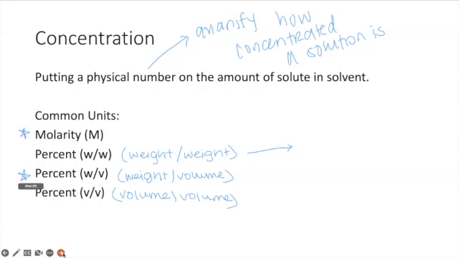But percent weight is where I would weigh my solute. So let's say I have 11 grams of table salt, sodium chloride, and then I put it into water. So for percent weight, I weigh my table salt and I weigh my water. Let's just say it weighs like 100 grams.